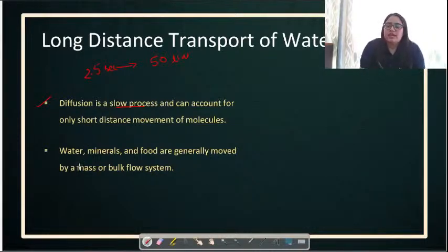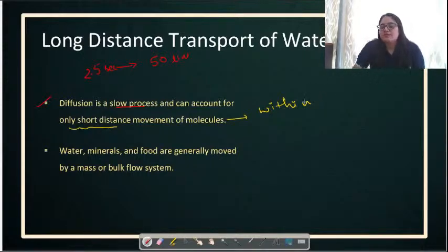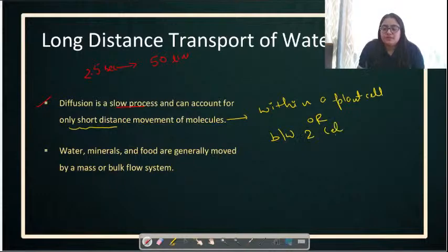Next that we need to understand, students, is that diffusion is a very slow process and it can account for only short distance movement of molecules. That means the short distance transport that diffusion is capable of doing is transporting substances like water, minerals, and other substances within a plant cell or between two cells, right?